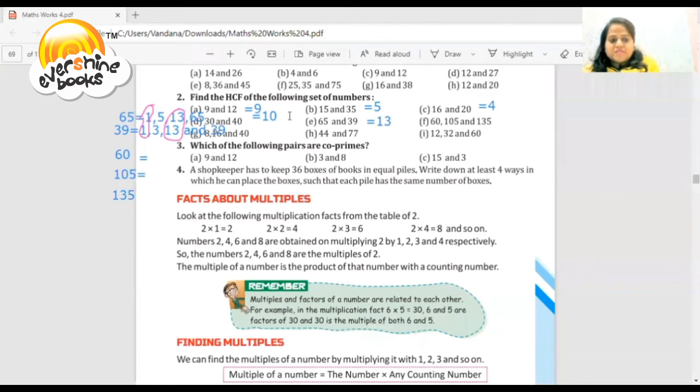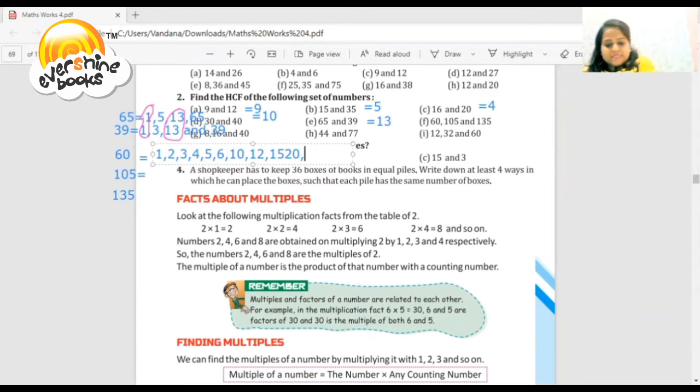So the factors of 60 are 1, then 2, then 3, then 4, then 5, then 6, then 10, then 12, then 15, then 20, and the last number is 60.